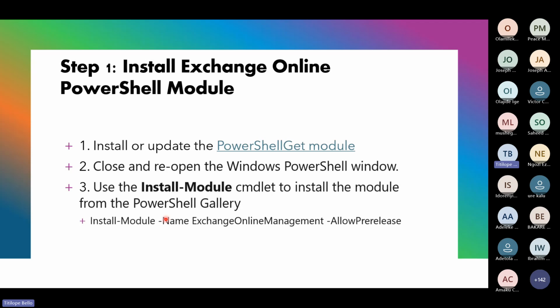And then the name of the module, these are additional parameters. The name of the module is the Exchange Online Management module, which is what we want to install. And then we're allowing what we call pre-release. So it will look for the latest version of the module and install it for you. That's what this particular command is telling your computer to do.